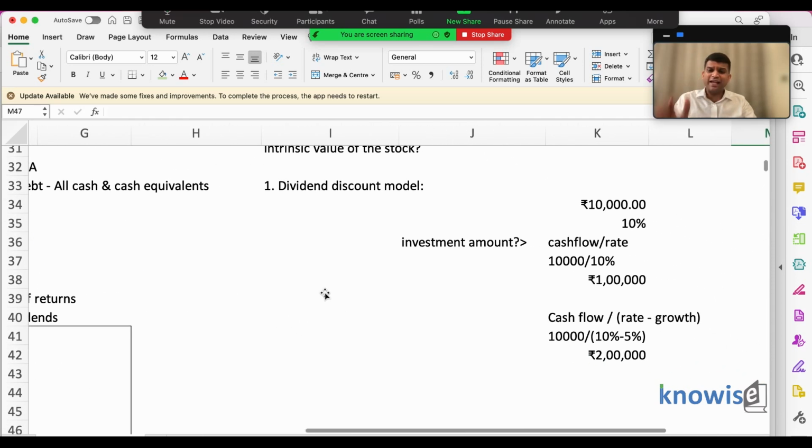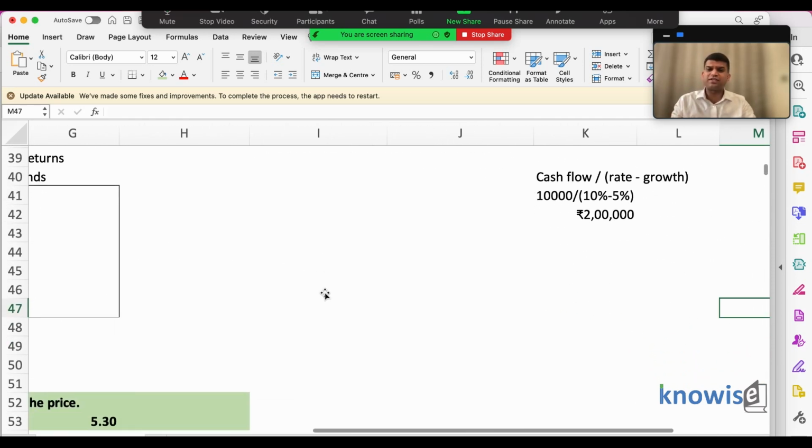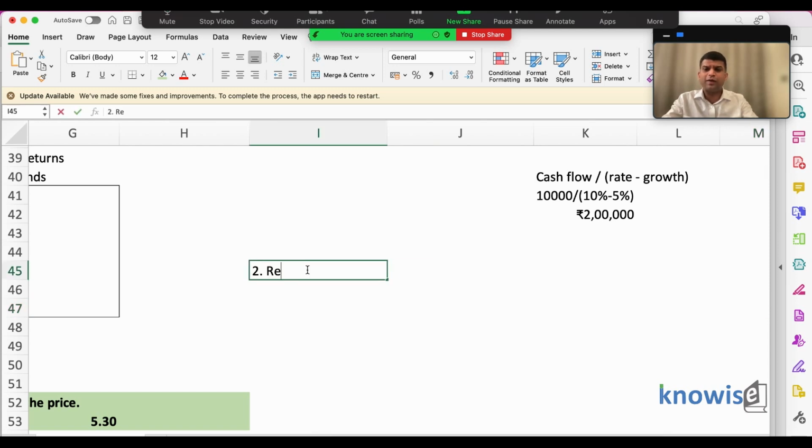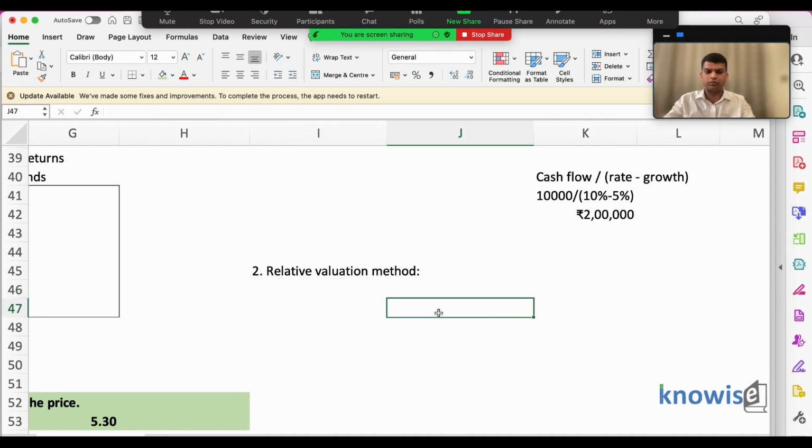Now, the second concept tested here is based on relative valuation methods. The most common one we all use is the PE ratio. Very interestingly, the PE ratio itself gives us the formula. PE ratio is equal to market price, simply price divided by earning per share.